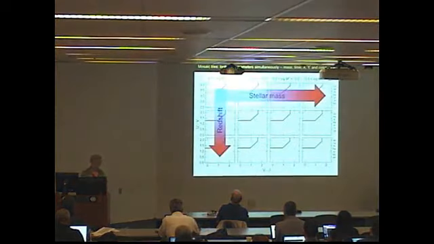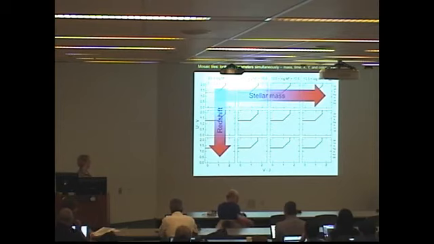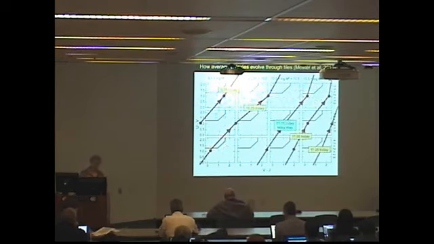We found it useful to use this coordinate system for plotting. So each individual panel here is an XY plot, and we arrange them in this grid. Stellar mass goes this way, and redshift goes that way. And when you have a grid of plots like that, then you can put evolutionary tracks on them like this. And so these tracks tell you what the average galaxy is doing as a function of time.